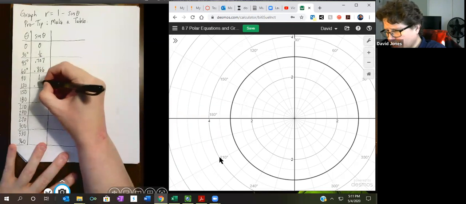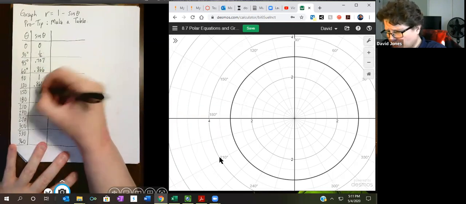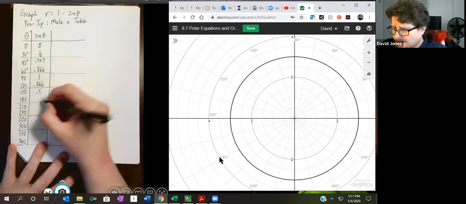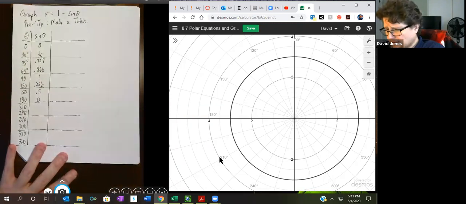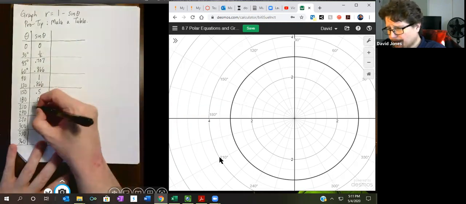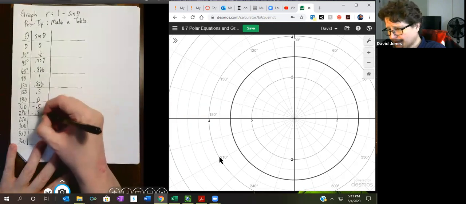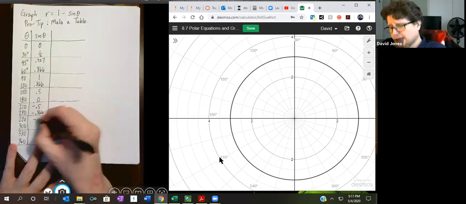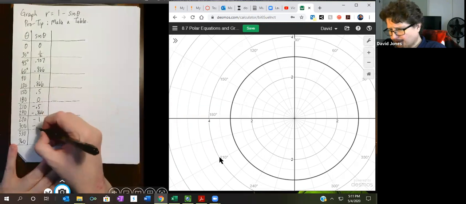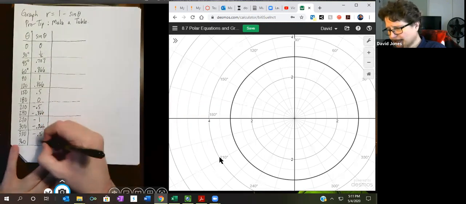We got 0.866. 150 is like 30, it's 0.5. 0. 210 is like 30, but now we're in the negative range. Negative 0.5, negative 0.866, negative 1, negative 0.866, negative 0.5, and 0.